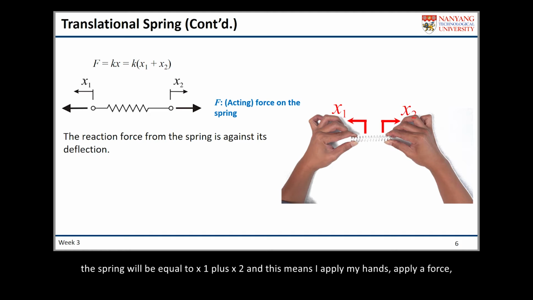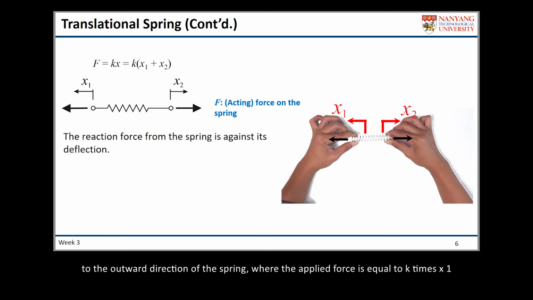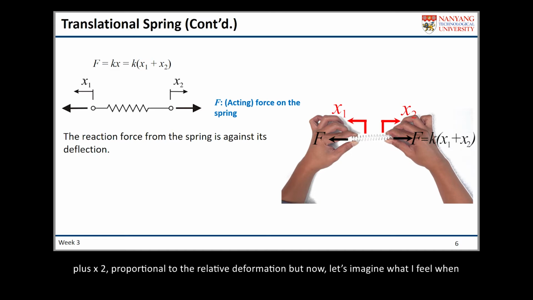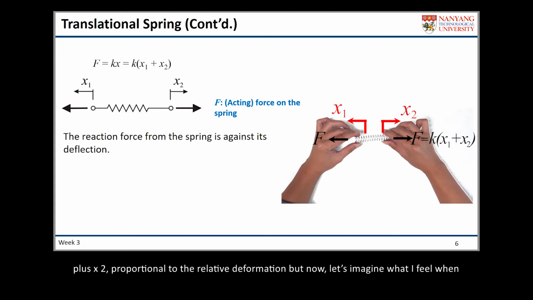And this means my hands applied a force in the outward direction of the spring, where the applied force is equal to K times (x1 plus x2), proportional to the relative deformation. But now, let's imagine what I feel.